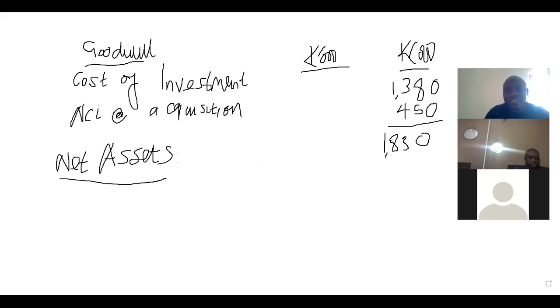With the net assets at carrying amount, what was the net assets?